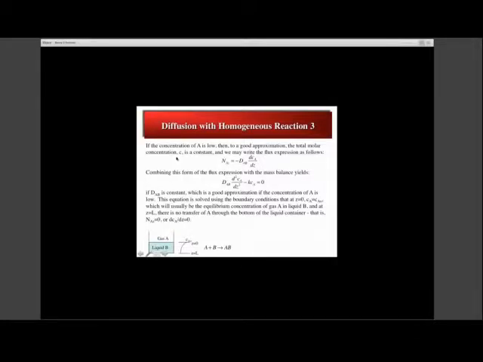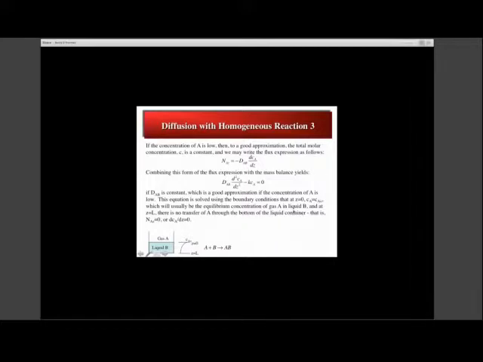The total molar concentration is not changing nearly as rapidly with position here as the concentration of A. And so we can put this flux law into the mass balance to get the expression that's shown here. I've assumed that the diffusion coefficient is constant, which in liquids is often a reasonable assumption. You could relax that assumption, but the solution to the problem becomes more difficult.